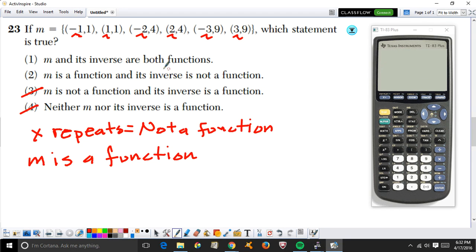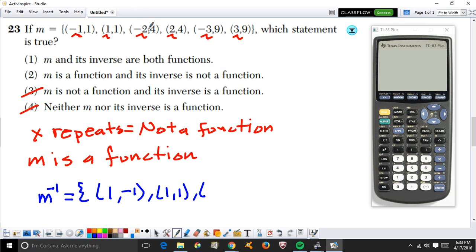Now, the idea is the inverse of the function as well. How do we find the inverse? Well, we gotta flip points. If we have negative 1, 1, the inverse is 1, negative 1. If we have 1, 1, then our inverse is 1, 1.